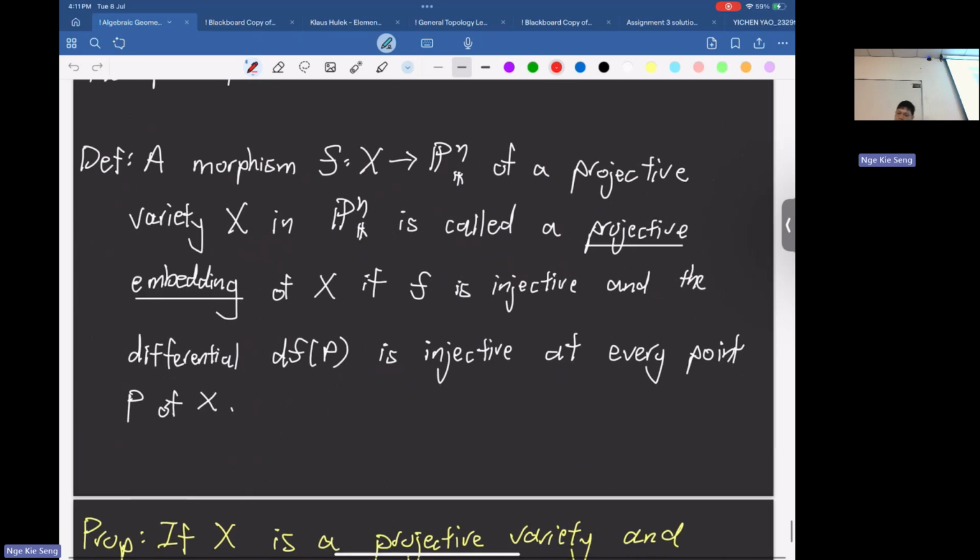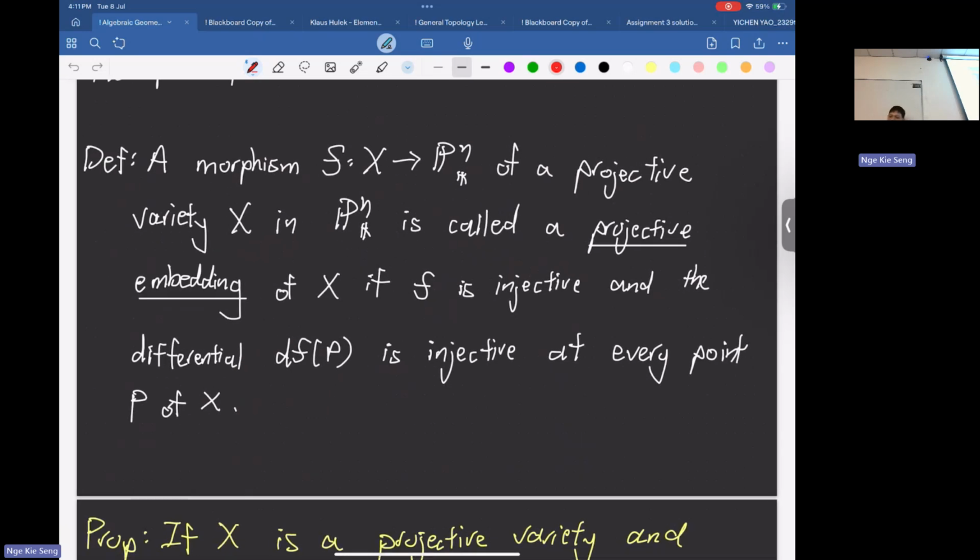Because if a morphism from X, a projective variety, into projective space P^n of k, so you map a projective variety into a projective space, it's called a projective embedding, if f is injective and the differential is injective at every point. So what does this mean? This means that this object put inside this space is injective.